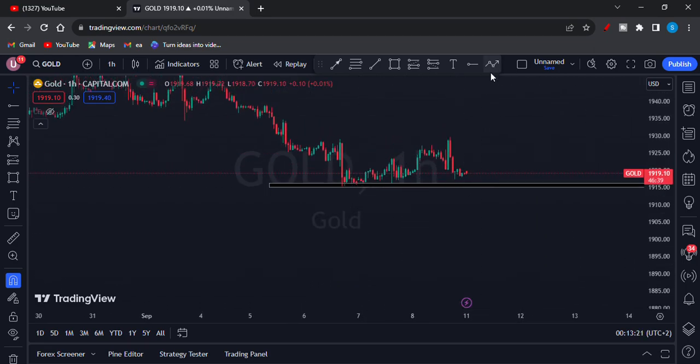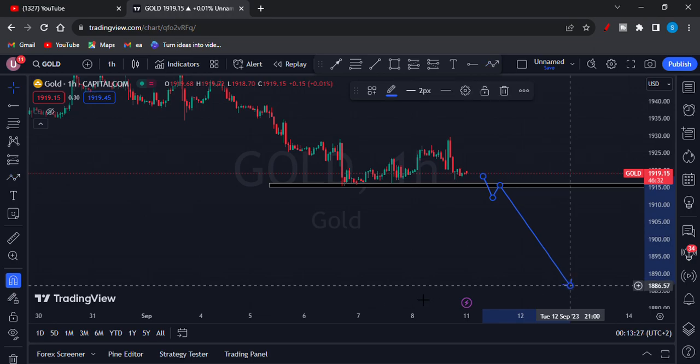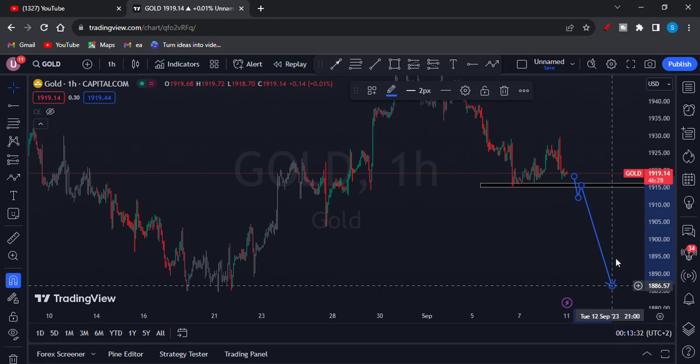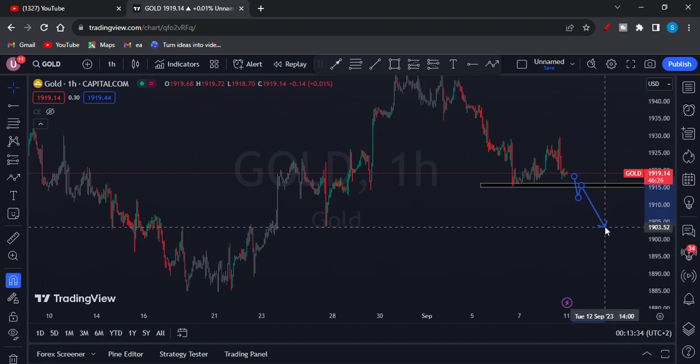So if we are breaking, then we're going to expect a break and retest to the downside, potentially up to there.